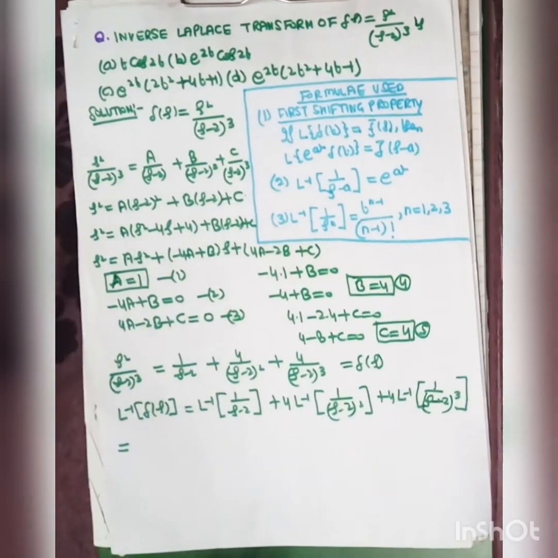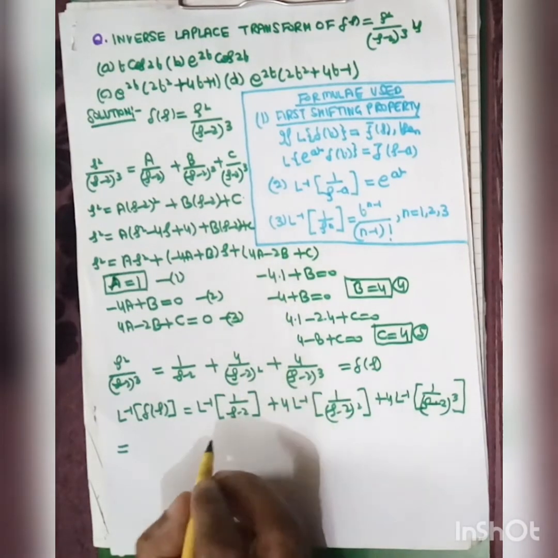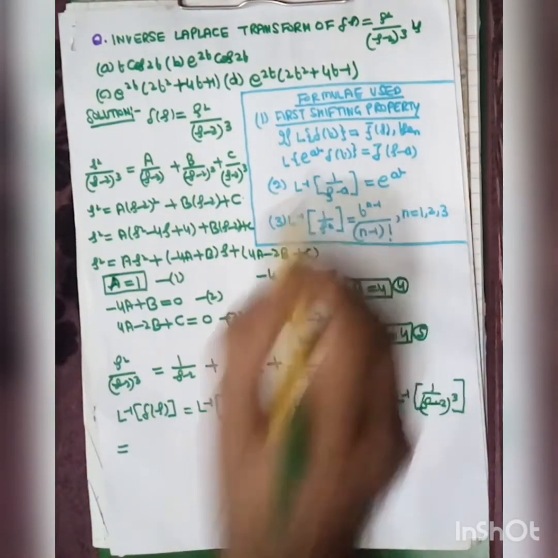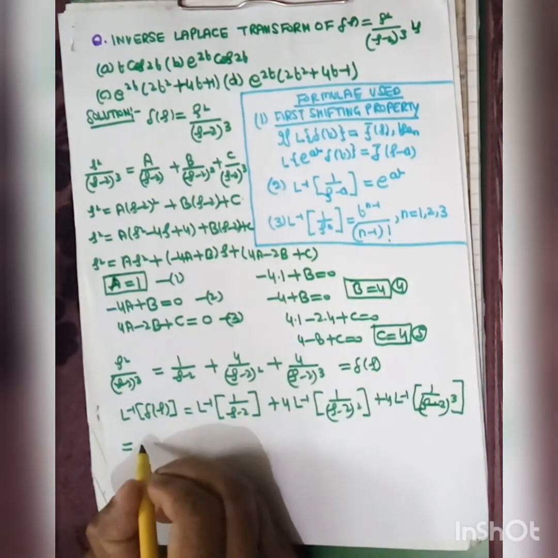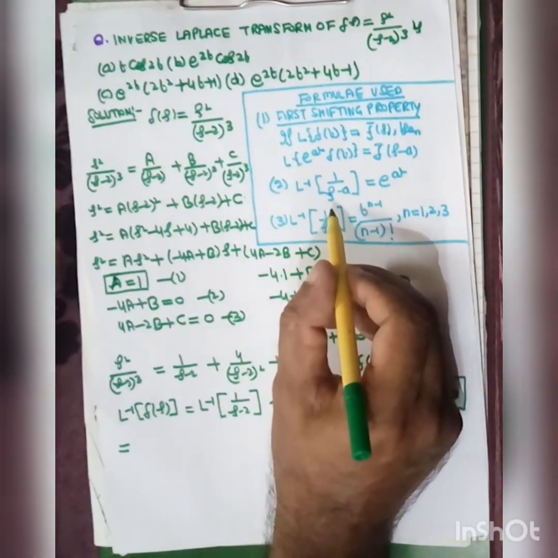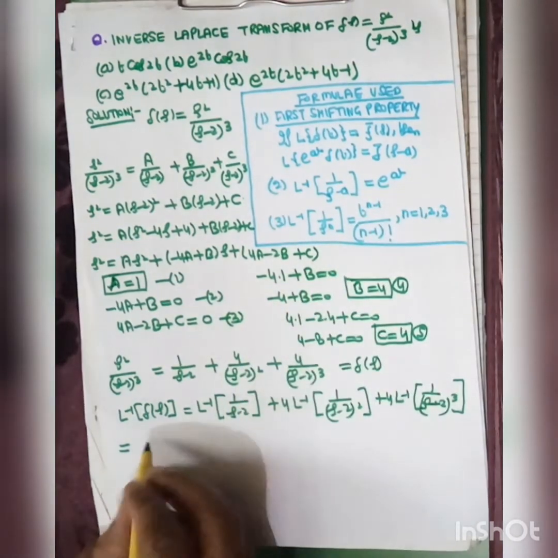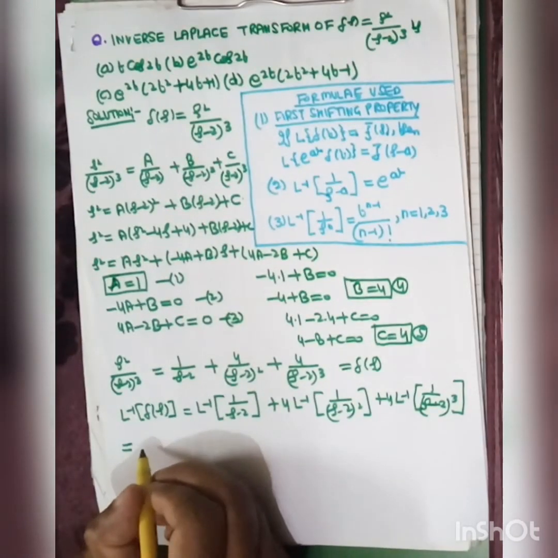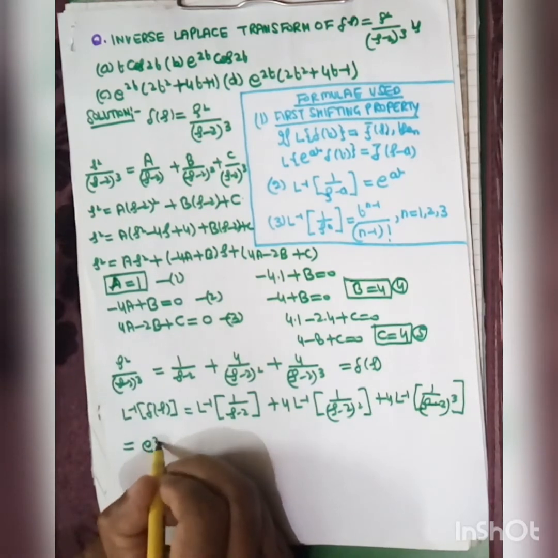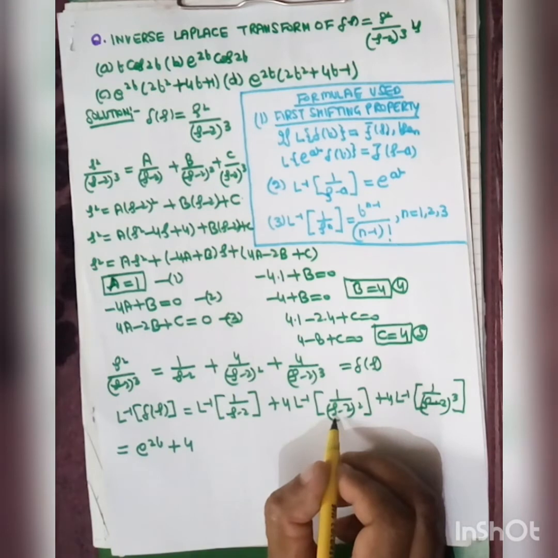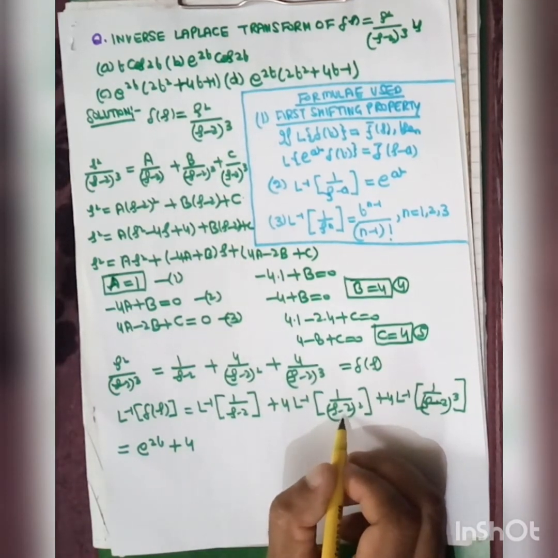Now we know the inverse Laplace transform of 1 upon (s minus a) is equal to e to the power at. So inverse Laplace transform of 1 upon (s minus 2) is equal to e to the power 2t, plus 4 inverse Laplace transform of 1 upon (s minus 2) square.